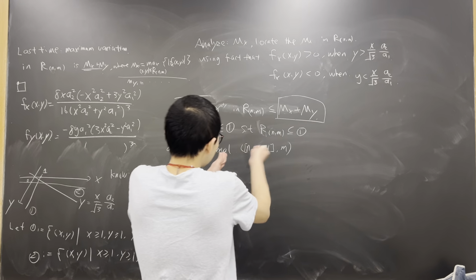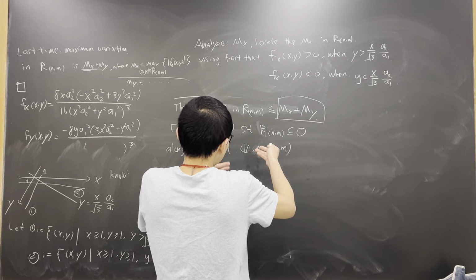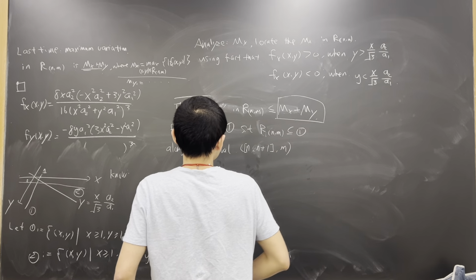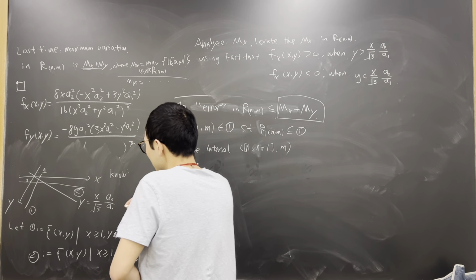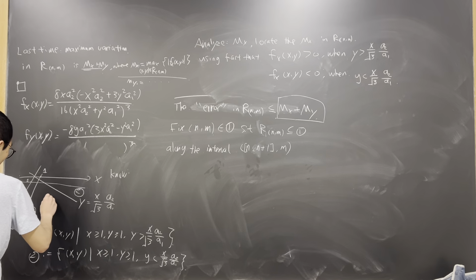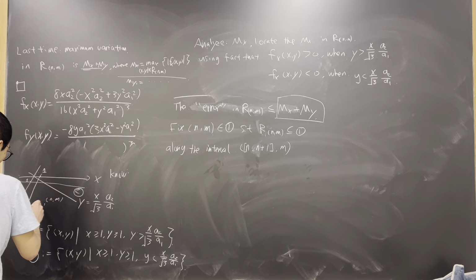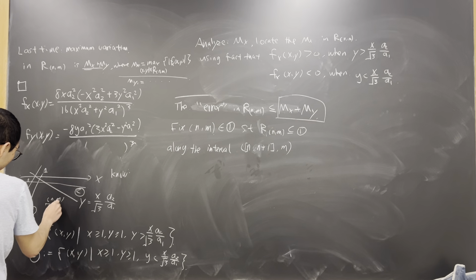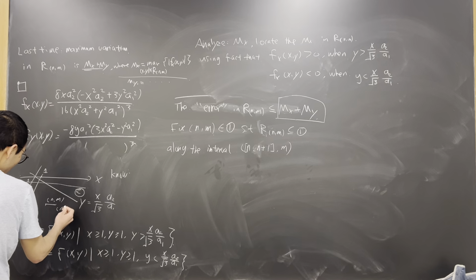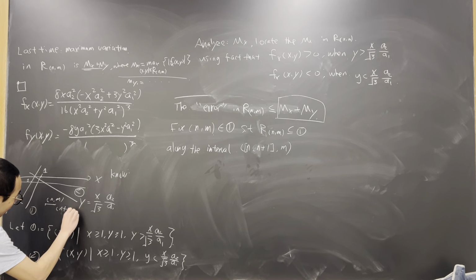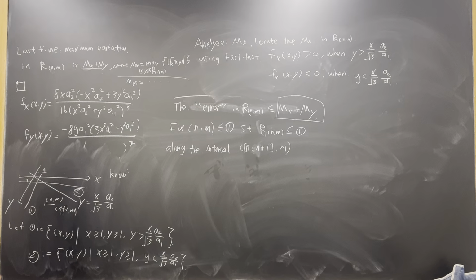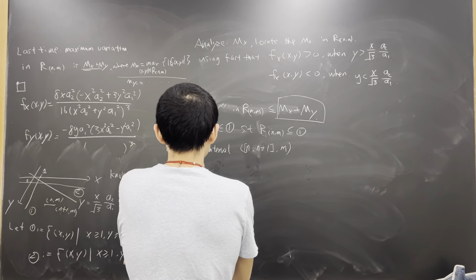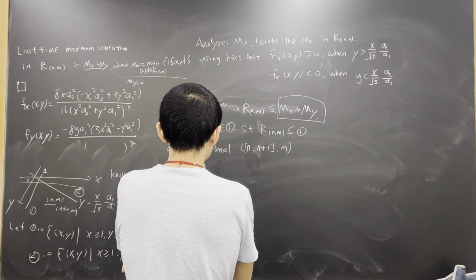So if you have these points (n, m) and (n+1, m), you fix the y value here. So I'm taking this interval here.